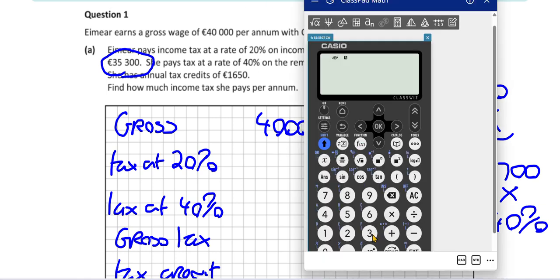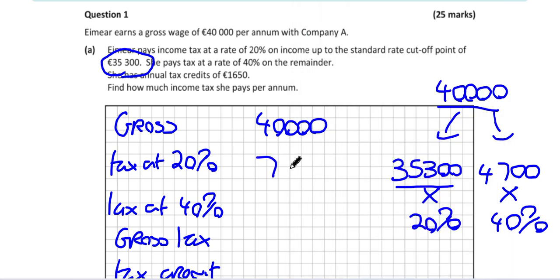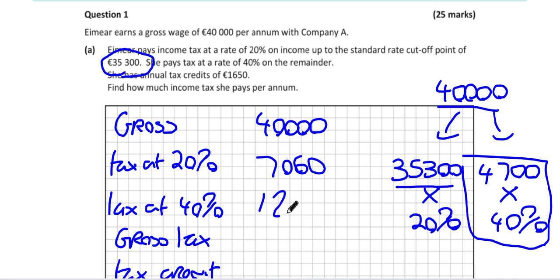So 35,300 multiplied by 20%, was it? Yeah. 7,060. And then we all agreed the percentage button was in, no, it's not in tools. It's in catalog, probability. And then we all got 7,060, yeah? Now we did the same thing for 4,700 multiplied by 40%, and we got 1,880.